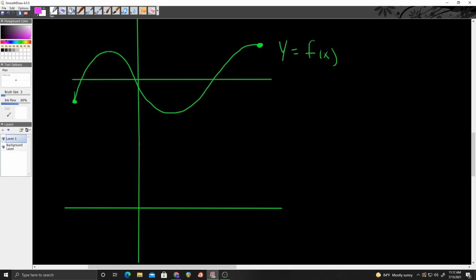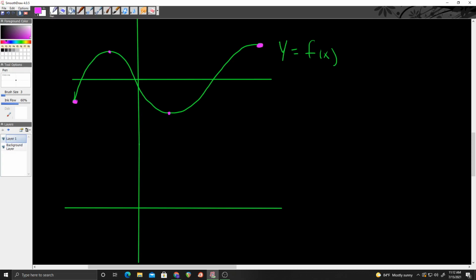Let's take note that f has a maximum here, f has a minimum here, and let's just say this is a maximum as well. And then this is going to be a local minimum. Okay, so we have these 5 important points.